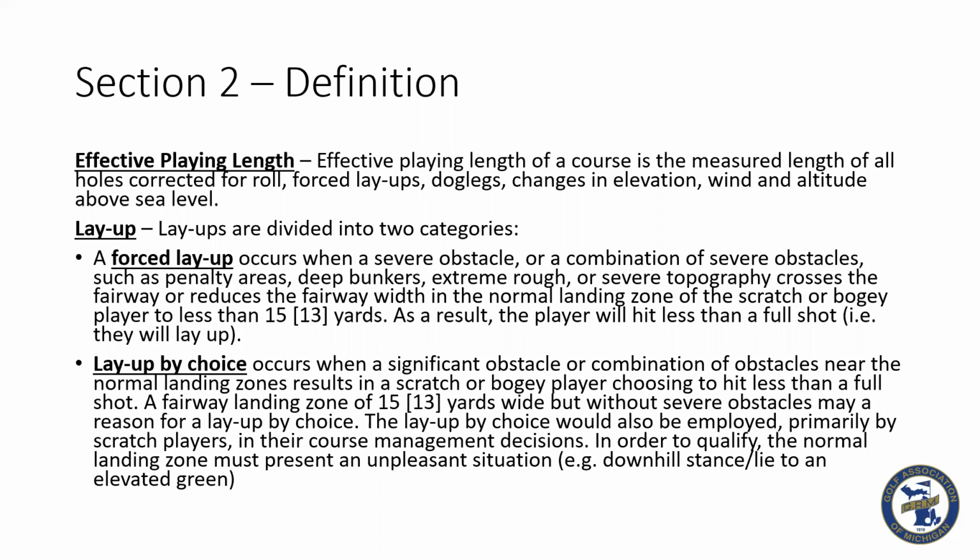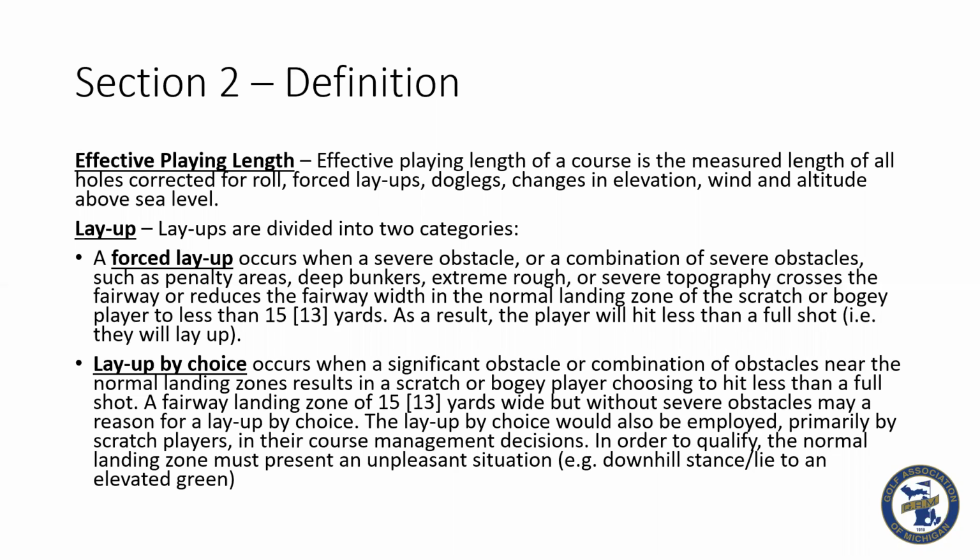A layup. So we have another definition here, a layup. A layup comes in two different ways. We can have a forced layup, where we have a severe obstacle or a combination of severe obstacles, such as penalty areas, deep bunkers, extreme rough or severe topography that crosses the fairway or reduces the fairway width in the normal landing zone of the scratch or bogey player to less than 15 yards, or 13 yards for females.